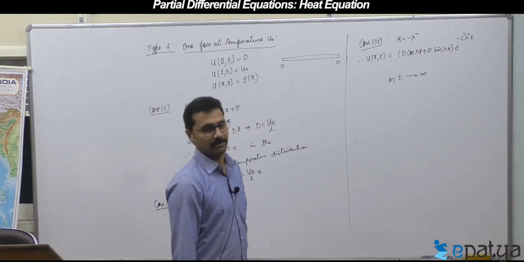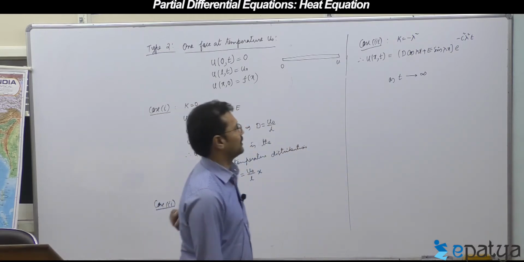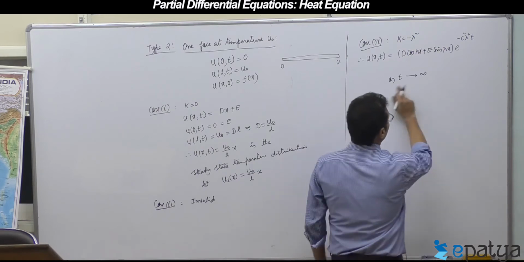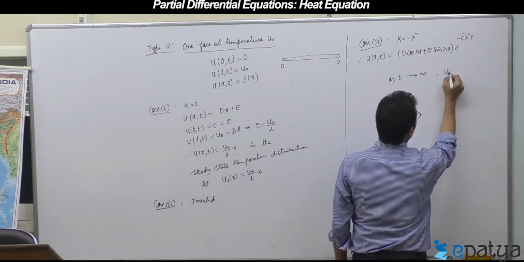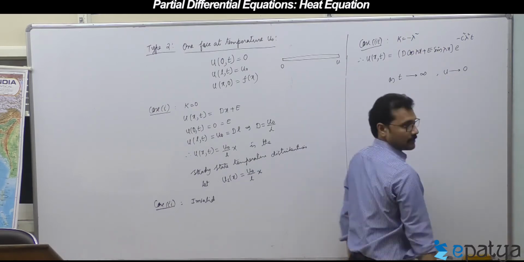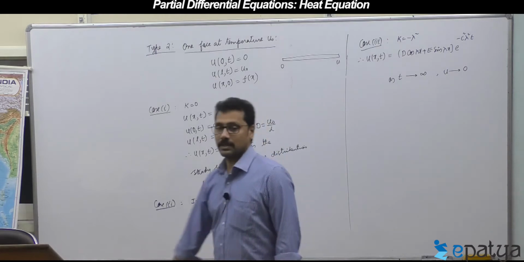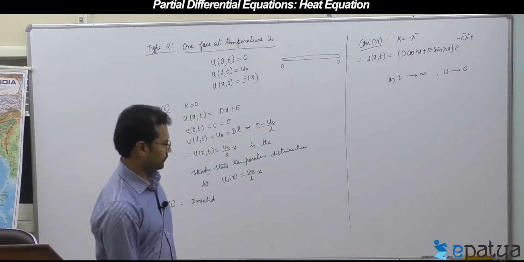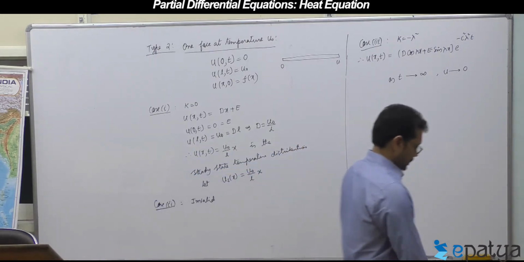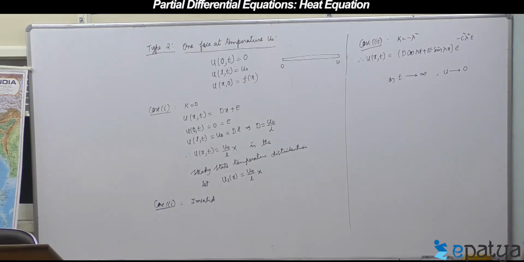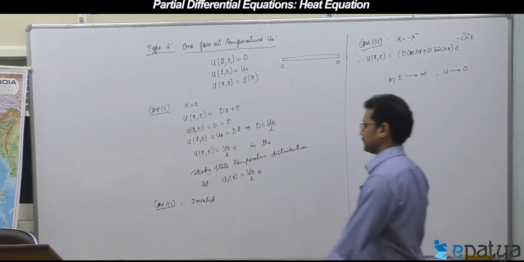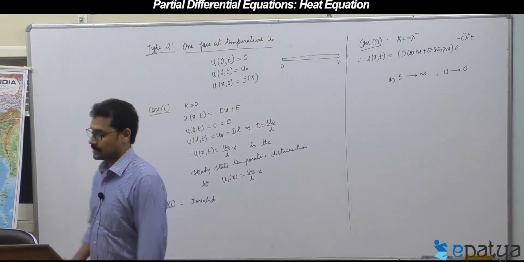As t tends to infinity, u tends to 0, which represents the transient state of the body.